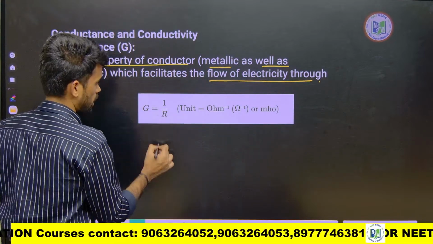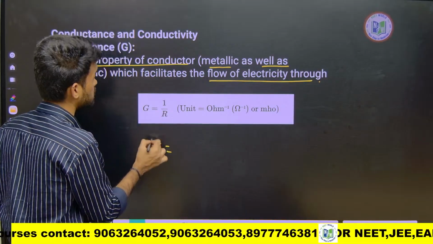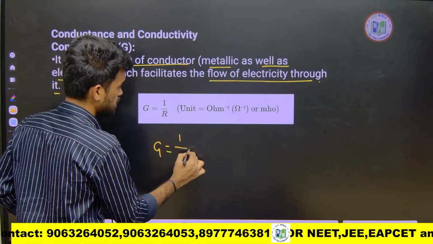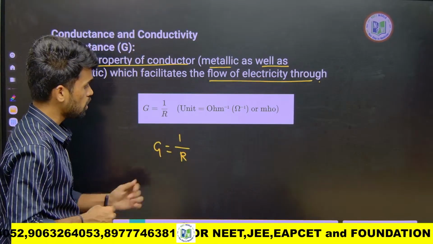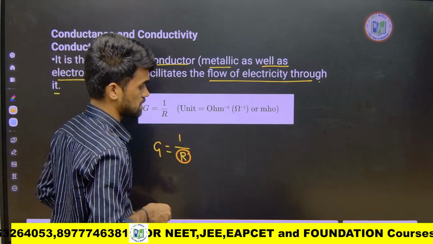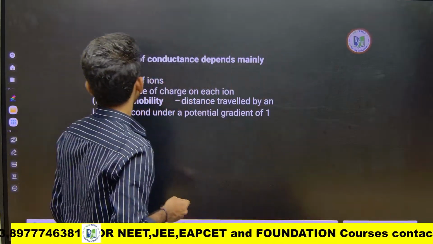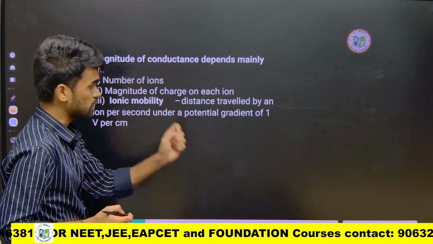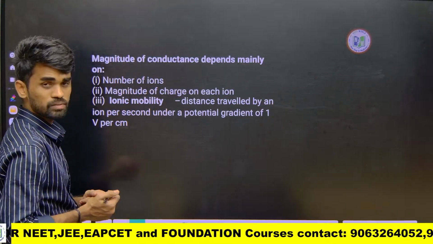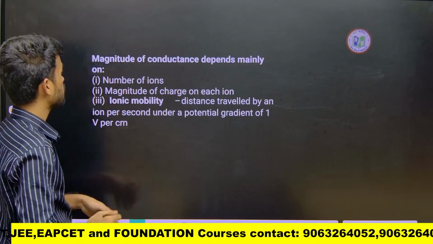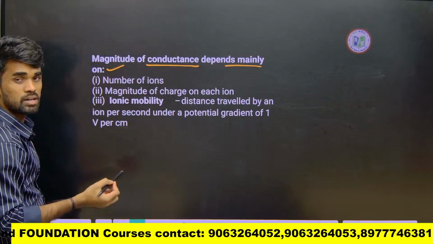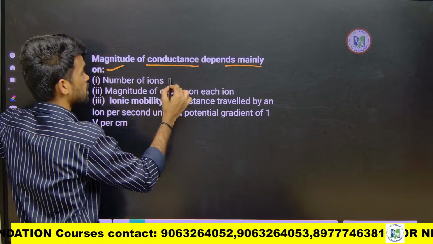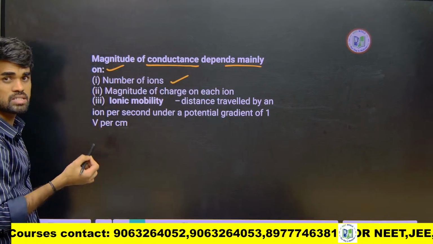I have taken G to represent conductance, which is the reciprocal of resistance. Now we need to understand what exactly resistance is also. See what factors this conductance depends on. The magnitude of conductance depends mainly on the number of ions. The more the number of ions, the more the conductance.